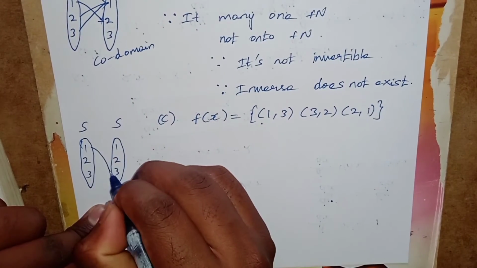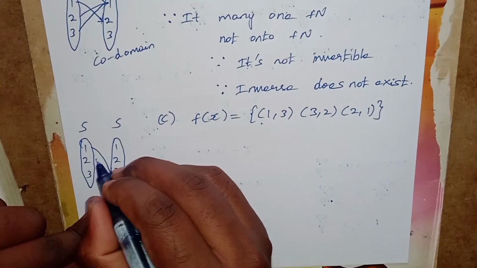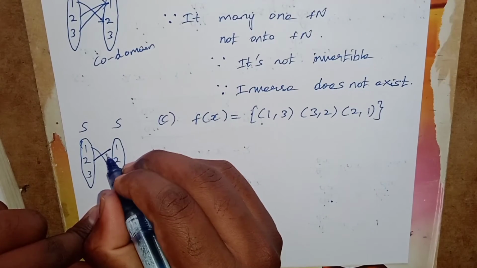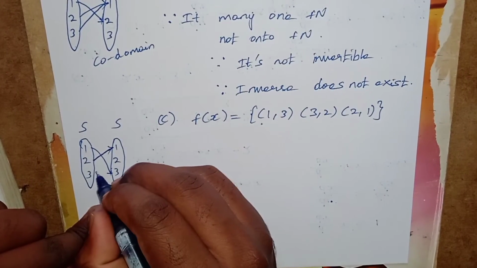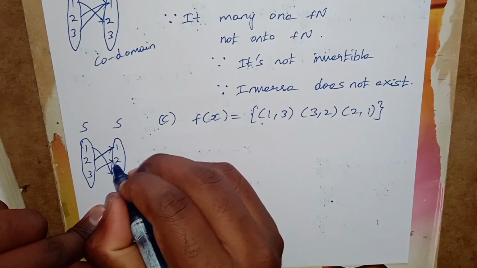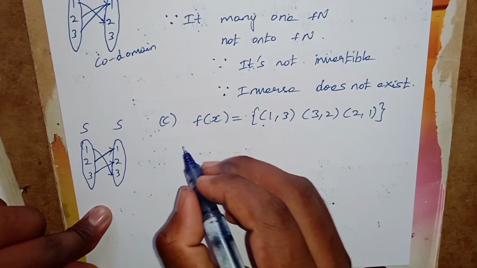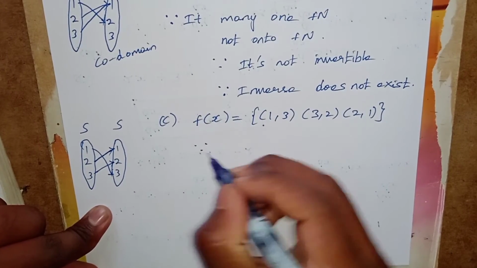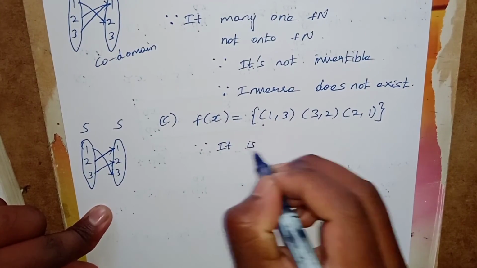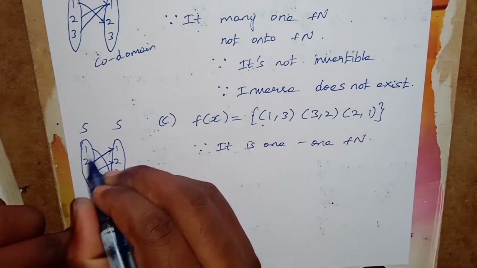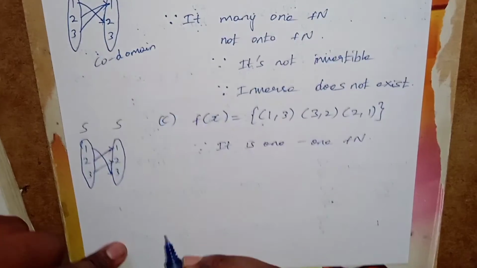1 is related to 3, 2 is related to 1, 3 is related to 2. Okay, therefore here you have to write it is a one-to-one function, because here it is from 1 to 1.